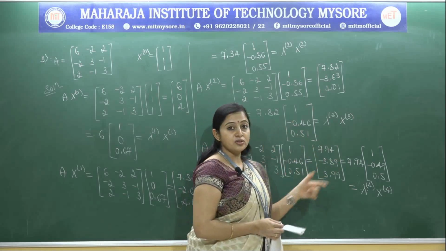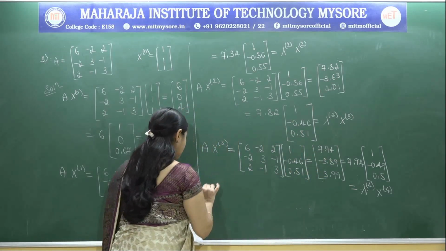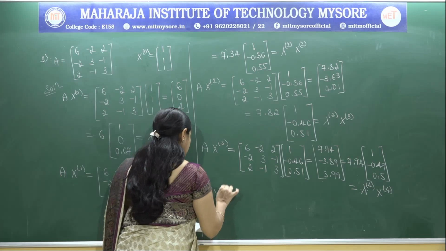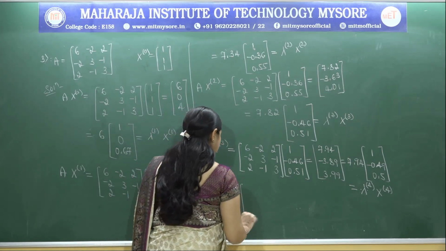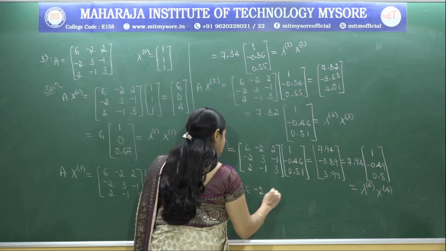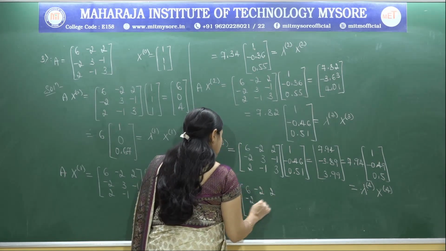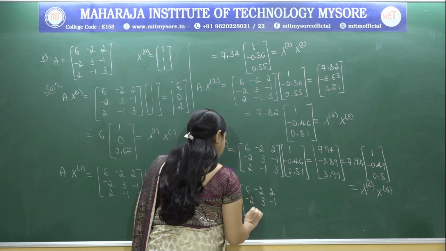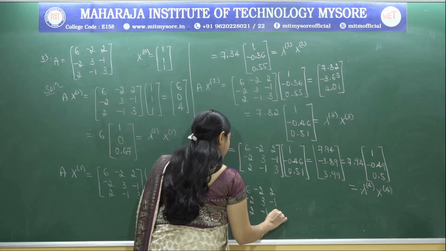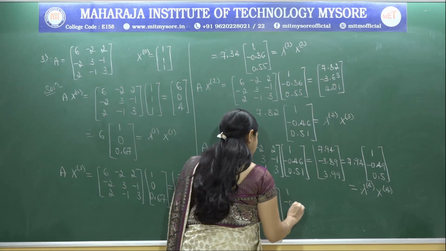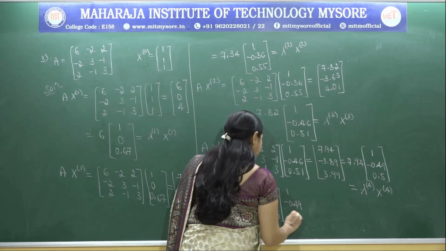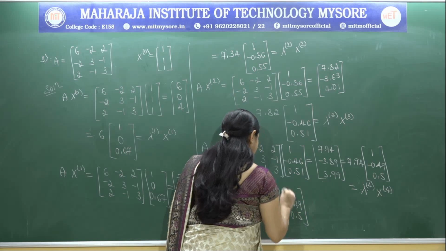Since you will not get the same values of lambda, you take one more iteration. It is A of x of fourth iteration. So it is 6 minus 2 and 2, minus 2, 3 and minus 1, 2 minus 1 and 3, with 1, minus 0.49 and 0.5.